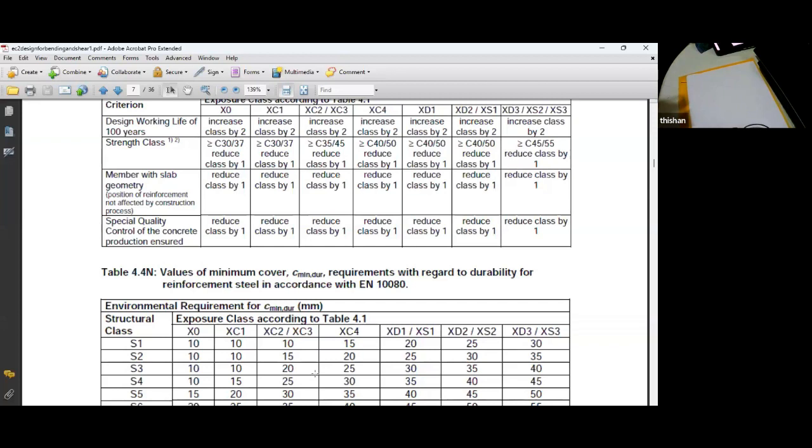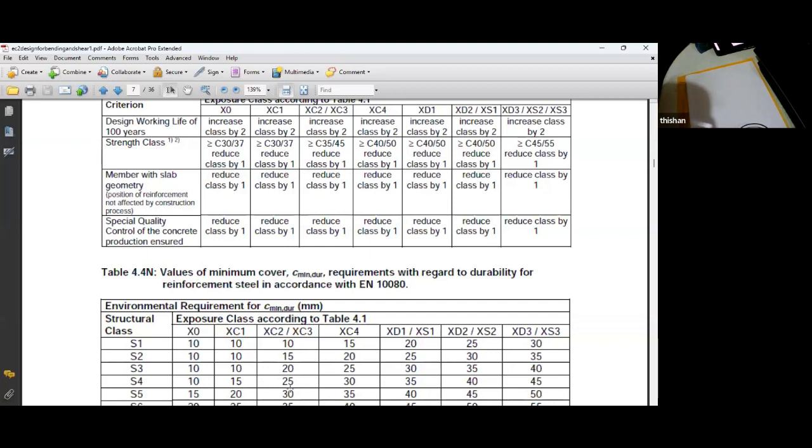So just 30 megapascal concrete that is usually used. 30 megapascal is very sufficient for Sri Lanka. But you can see the cover requirement is 25 plus 10, 35. And this is much bigger than the usual value that we encounter with BS codes. Most of the time you will find the cover requirement is 25 or 30 millimeters.